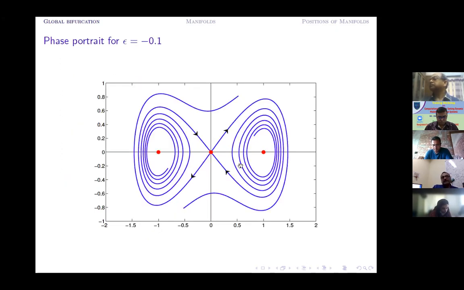For epsilon less than 0, you can find that (-1, 0) and (1, 0) are two unstable equilibrium points, and (0, 0) is a saddle point. This is the unstable manifold. One branch is going out in this direction, another is going out in this direction, and these two are stable manifolds.